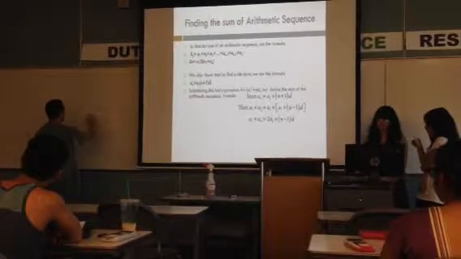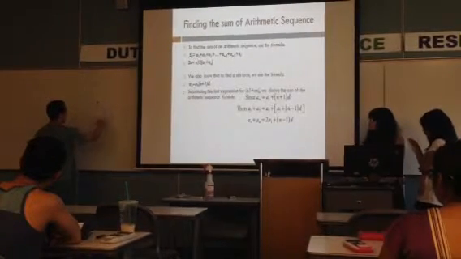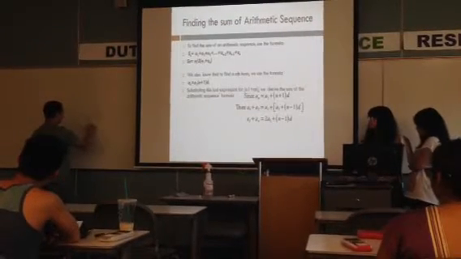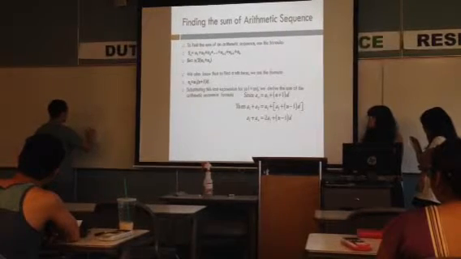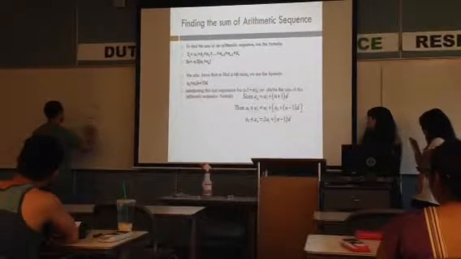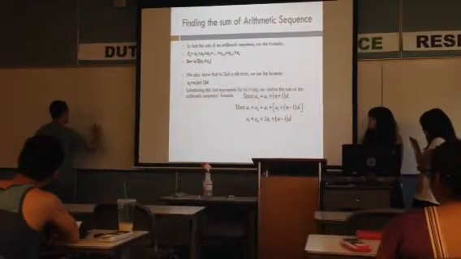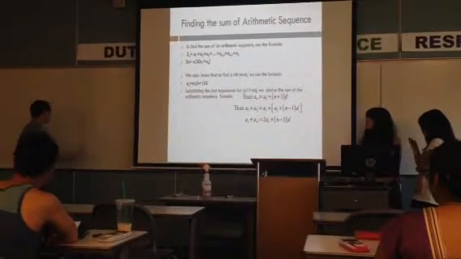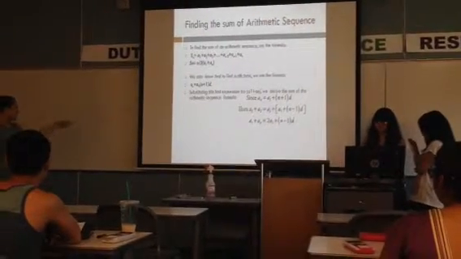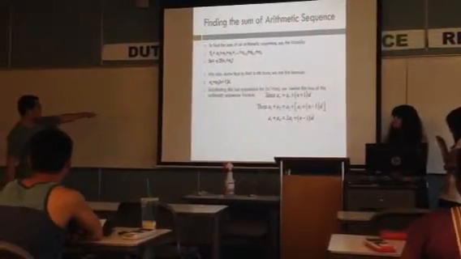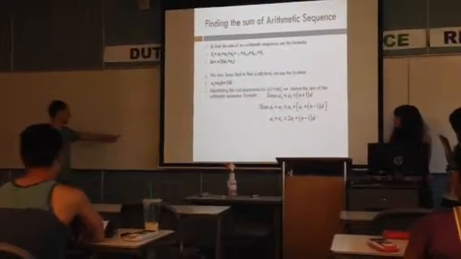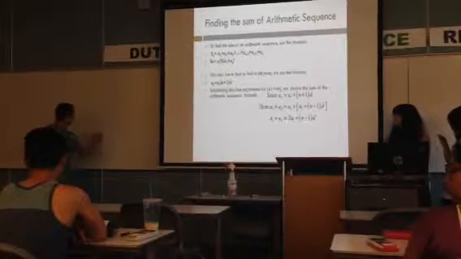Adding these terms together, it turns out that each pair comes out to a1 plus an. To find the sum of the n terms, according to this equation, we have n terms in the form of a1 plus an, and then we just divide by 2.